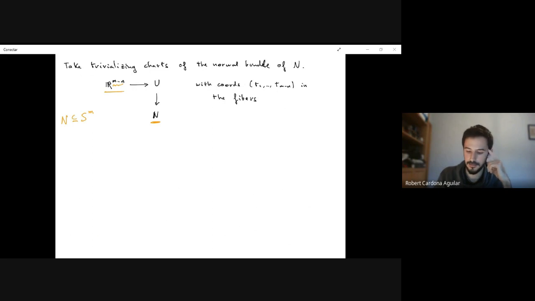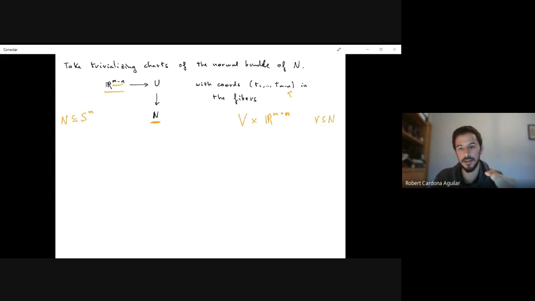And I can take, let's say, up to picking some trivializing charts, I can pick some coordinates in the fibers. So if I take a trivializing chart, I can think of N times R^(M-N). So you need to take an open set, let's say V. This is clear, no?